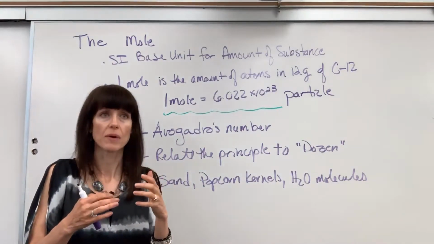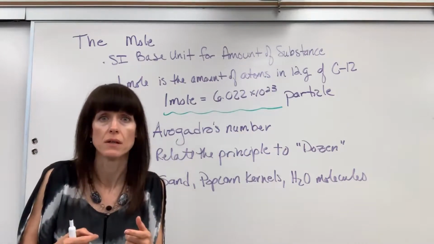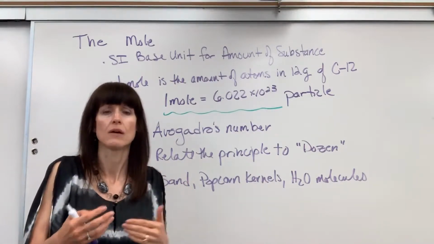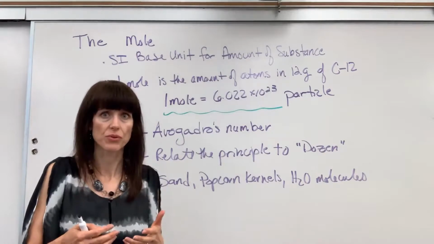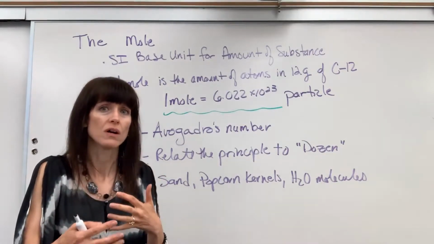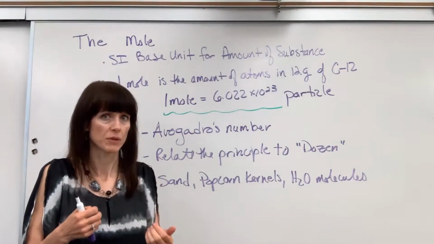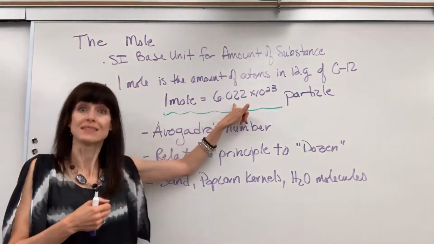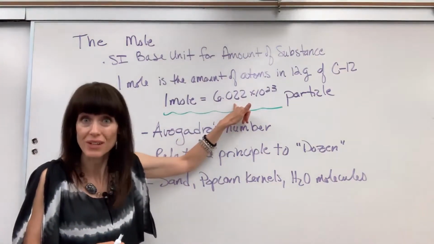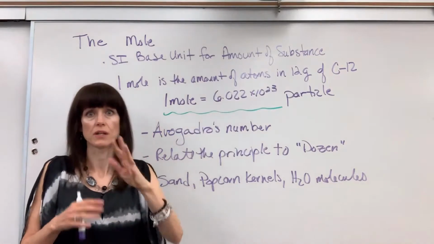Now, if I said, hey, I have 1 dozen grains of sand, how many grains of sand do I have? I have 12. Well, if I have 1 mole of grains of sand, how many grains of sand do I have? 6.022 times 10 to the 23. We estimate there's 1 mole of sand on planet Earth.